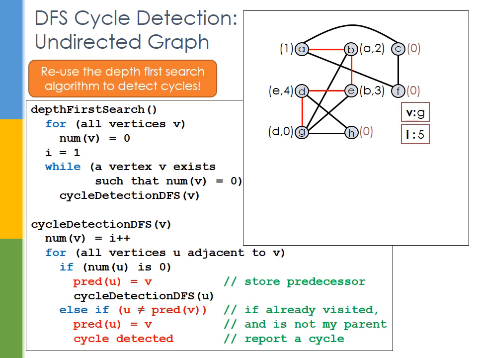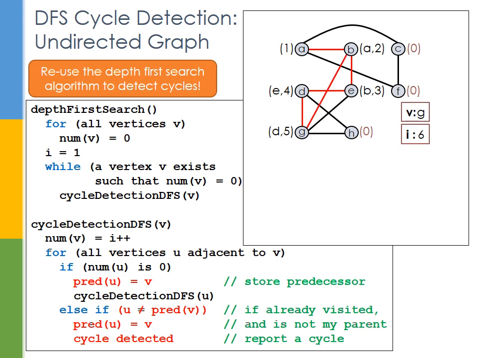We update it to i's current value, which is 5, and we increment i's value from 5 to 6. Now we need to consider vertex G's adjacent vertices. Again, we ignore the predecessor, so we see that we have 3 adjacent vertices, vertex B, vertex E, and vertex H.